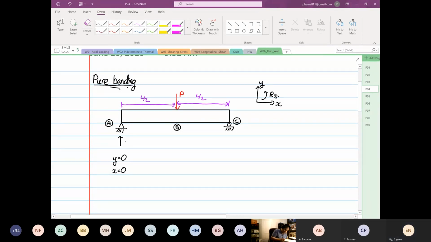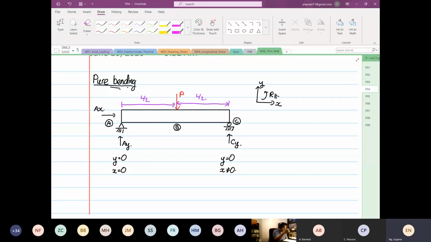Whereas at point C, Y is equal to 0, but X is not equal to 0. So you only have one reaction force at CY. So anything that you allow to move, the force is equal to 0. Anything that you restrict movement, the force is not equal to 0. That's what you see over here.